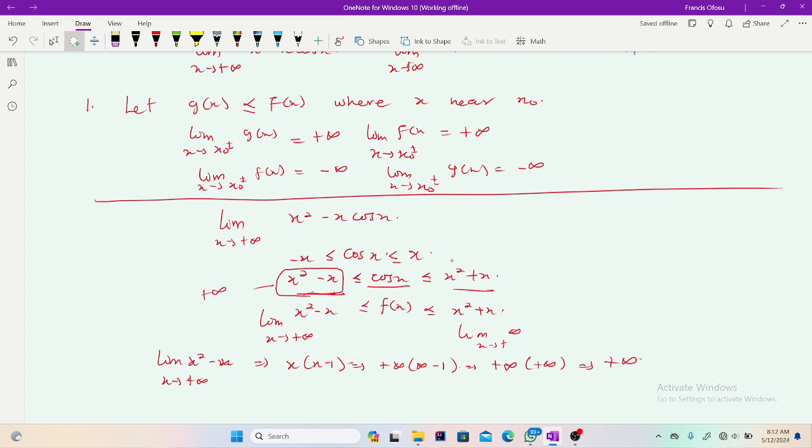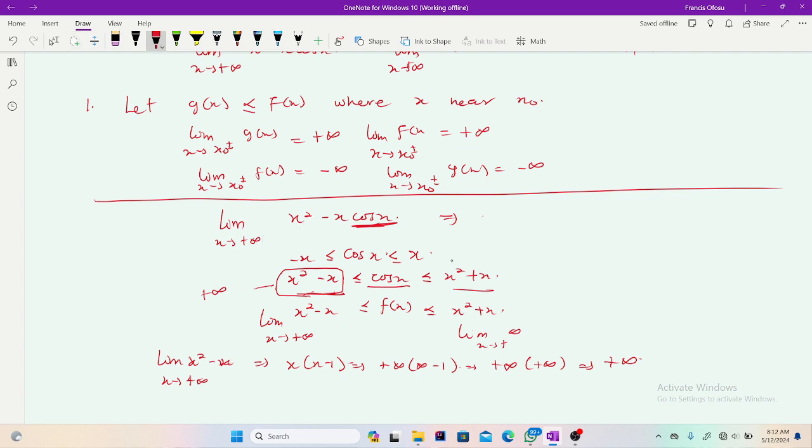Using that as a stronghold, now we know that the limit as this alone approaches infinity will become infinity.